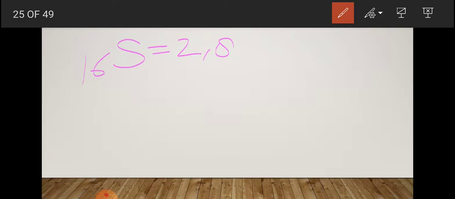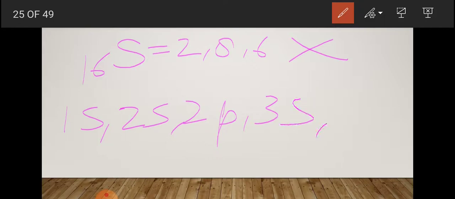First we will write the sequence: 1s, 2s, 2p, 3s, 3p, 4s. Let's see how many orbitals will be utilized. 1s2, 2s2, 2p6, 3s2, 3p6. Now let me count: 2, 4, 10, 12, 18, so we have exceeded 16.